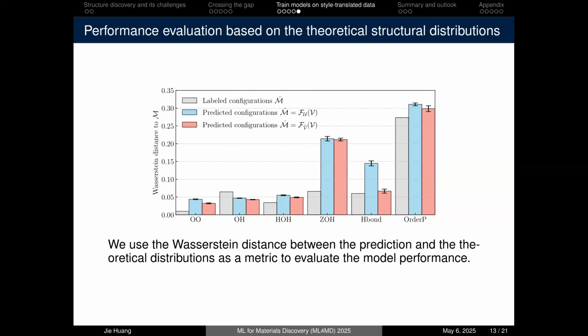As you can see from these properties, the distance from our reference distribution for these models is lower than for the model trained only on simulation datasets. This means that by using this style translated dataset, we can have a better prediction of the experimental AFM images.